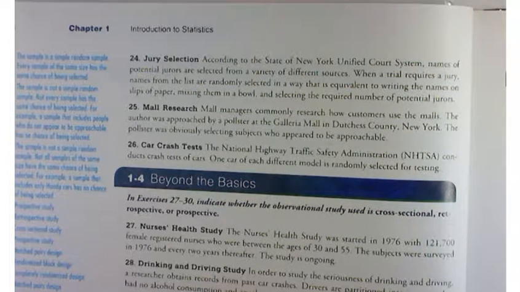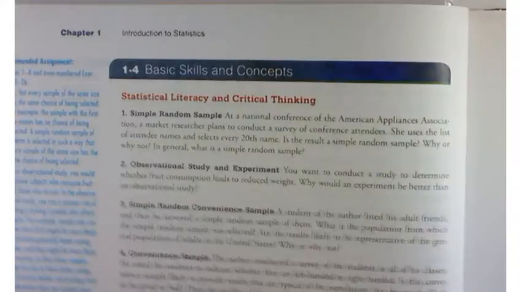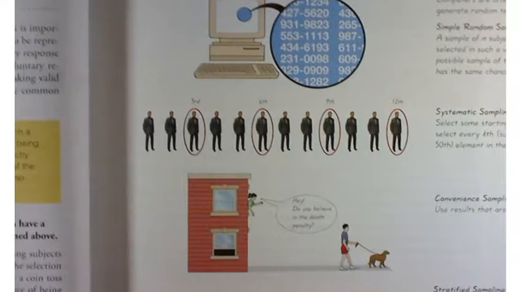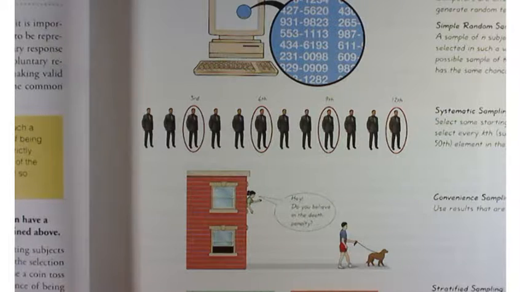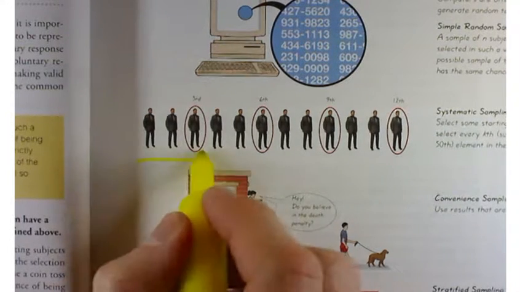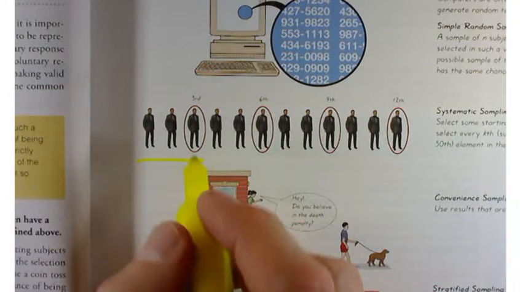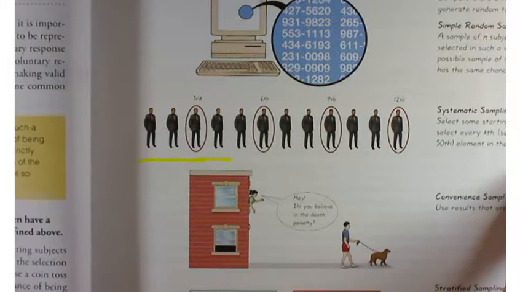It's a random sample. Now, the distinction for a simple random sample as opposed to a random sample is that you have to be able to get all groups of size n. Let me flip back to the author's diagram and try to explain that a little bit more. Let's do a sample of size 4. In a simple random sample, you have to be able to get every group of size 4, no matter where they are.